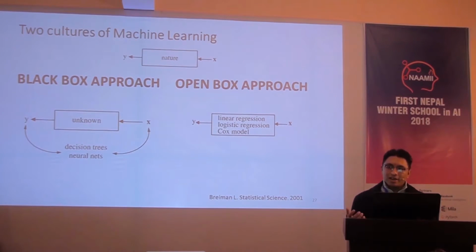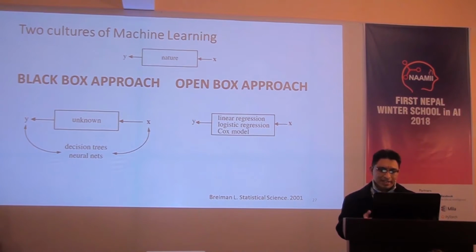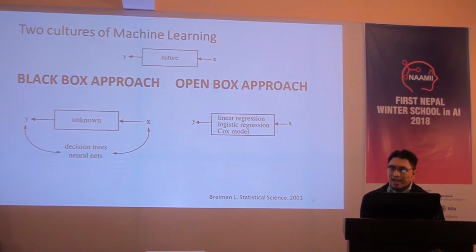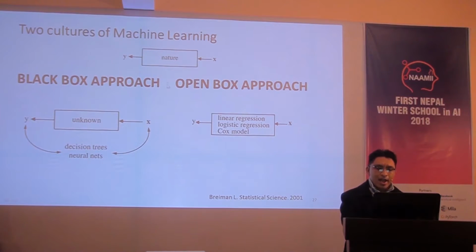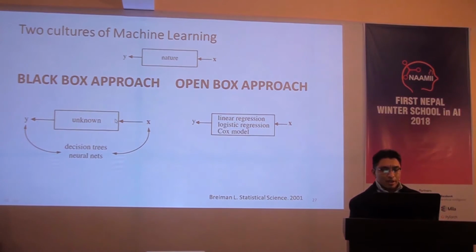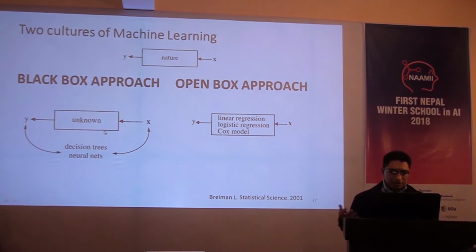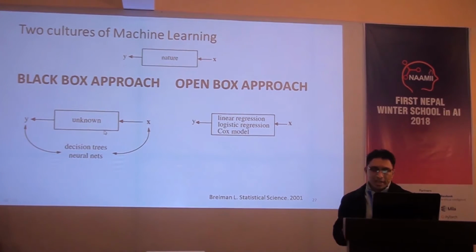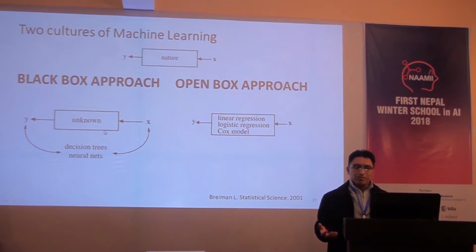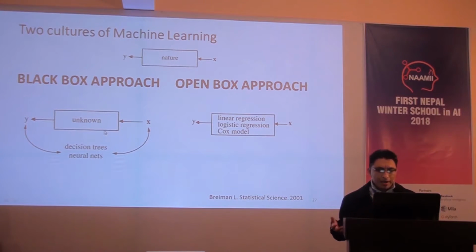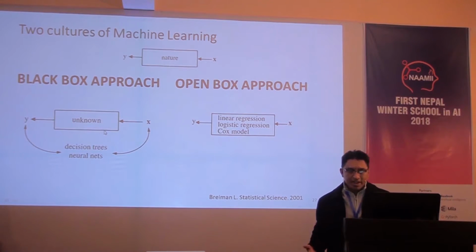Now, if you have some data available, that's input data X, and you have some measurable outcomes like Y, and you want to model that relation, one way is called the black box approach, where you try to produce, for example, neural networks, and try to infer the relation between X and Y, and generate a model and perform different classification tasks and so on.